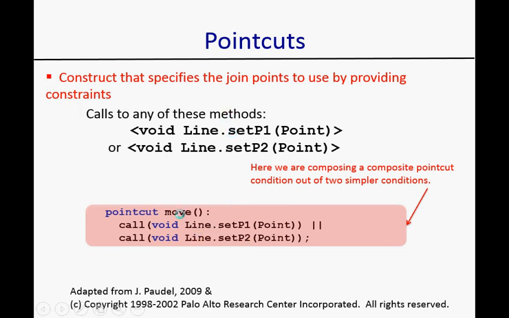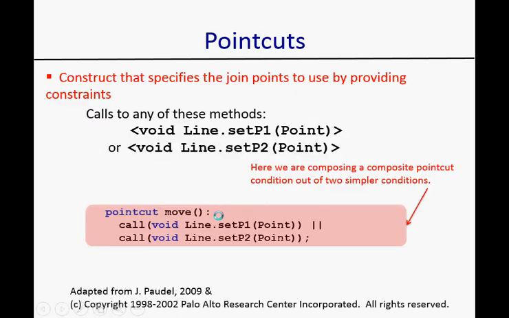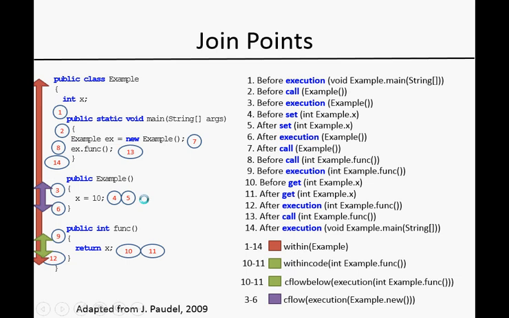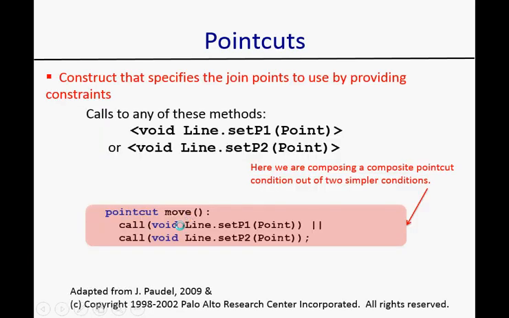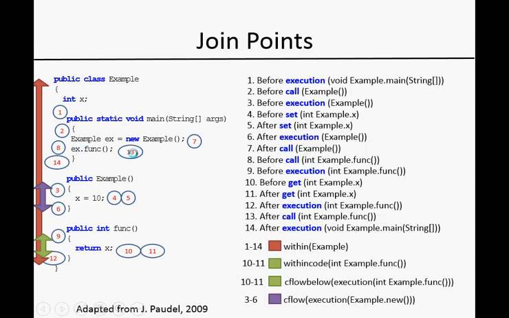We just say, okay, move refers to these specified join points where we are calling off to this function, much in the same way where we are calling off here, for example, to a certain method. And as we'll see, we can specify before and after these point cuts, much as we said before this call, and after this call, 8 and 13 respectively.